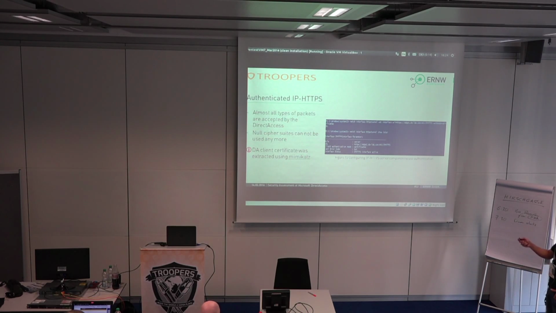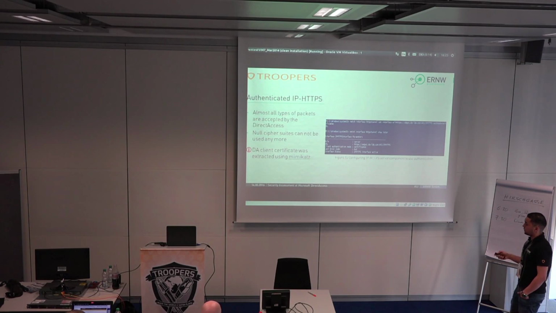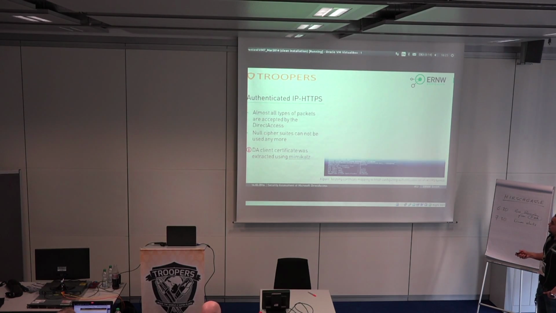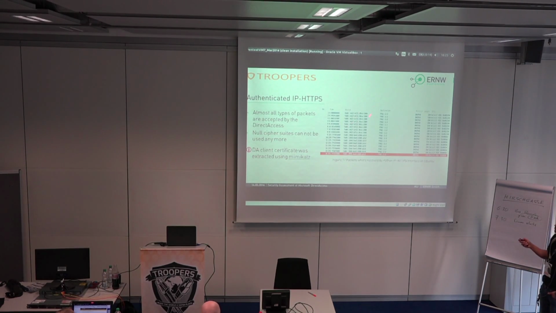So I changed the command to change the configuration on the DirectAccess server. Then I used Mimikatz to extract a legitimate certificate from one of the clients for demonstration purposes. And this is what I got: by the time I connected, all the packets coming from the DirectAccess server and from the DirectAccess client, without anything.